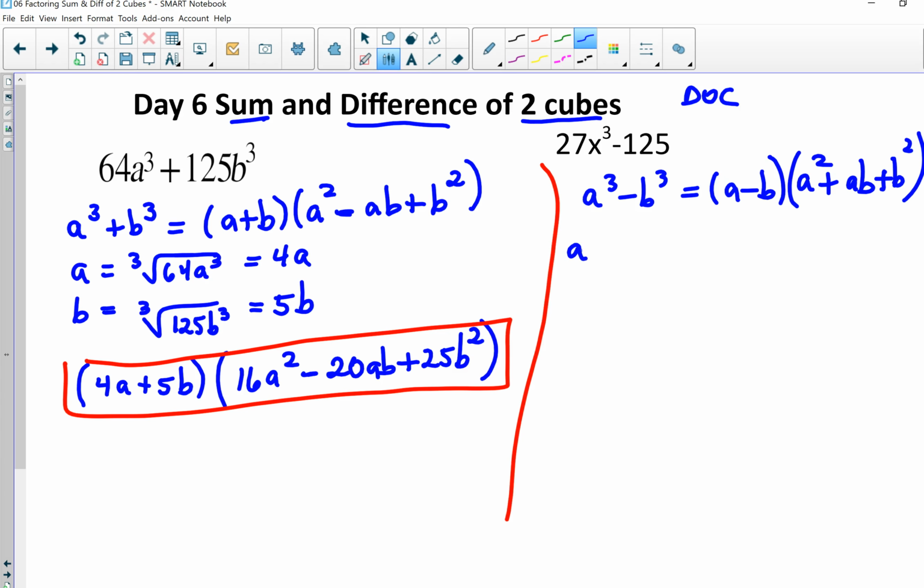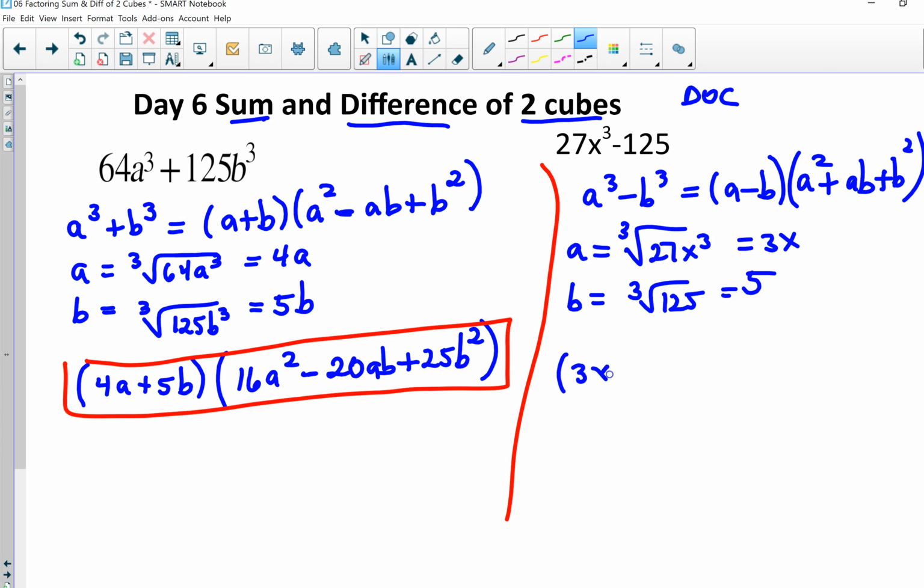We identify what the first term is. So it's the cube root of 27x cubed, which is 3x. We identify the cube root of the last term, and that gives us 5. And now we're ready to substitute into the formula. So it's the first term minus the last term.